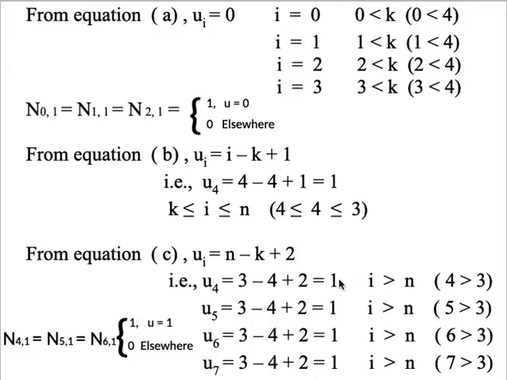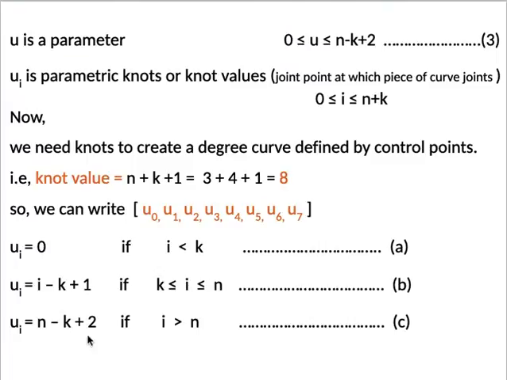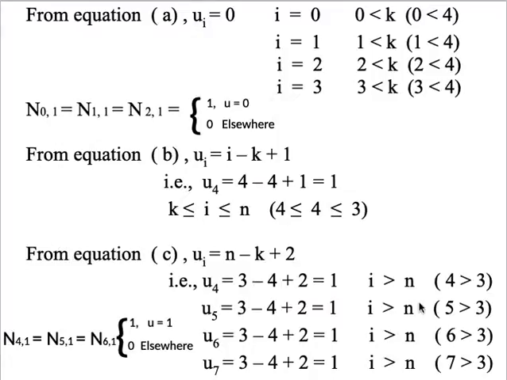So the answer is 1. When putting 4 we get 1, the satisfied equation is I greater than n, so it satisfies equation 3. So for I4 it would be 1, for I5 also 1, I6 1, I7 1. So we can say that 4 is 1, 5 is 1, 6 is 1, 7 is 1, that is equal to 1, right, or 0 elsewhere.